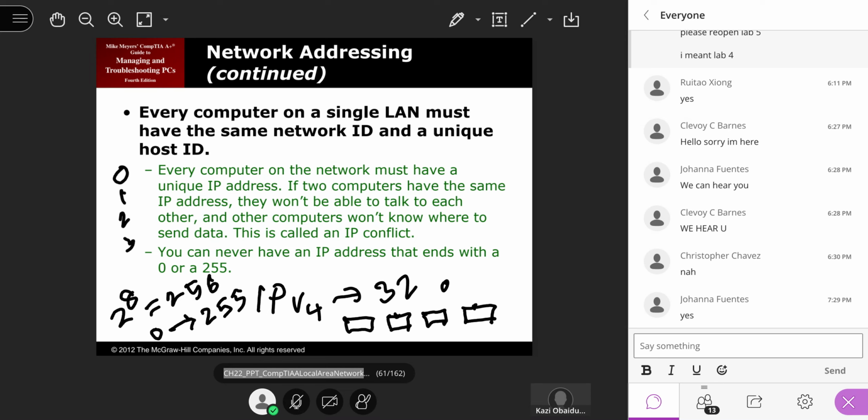All 8 bits are never 0, 0, 0, 0, 0, 0, 0, 0, or all 1s, 1, 1, 1, 1, 1, 1, 1, 1. That is what they're saying. It's never all bits 0 and never all bits 1. It is any combination of bits in between, 0 to 255.